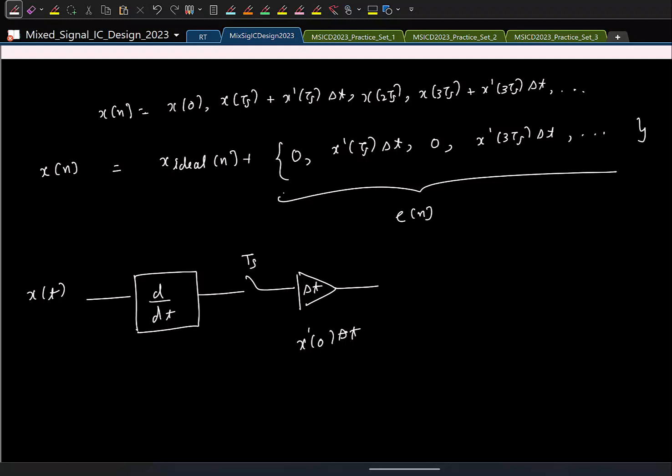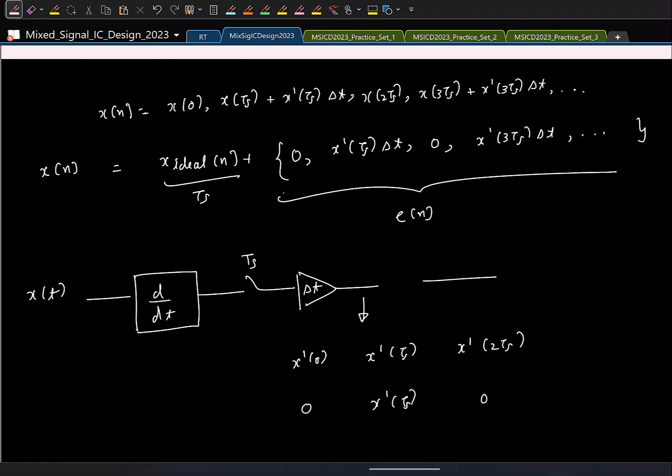Our actual samples are at ts, so sampling rates must be consistent. This is sampled at ts finally. So to be consistent, everything must be at the same sampling rate. So what is the simplest thing I can do to model this? I can't change sampling rates. See here, what sequence will I get? I'll get x dash of 0, x dash of ts and so on. I'll ignore the delta t. What should I get at the output? This should be 0.